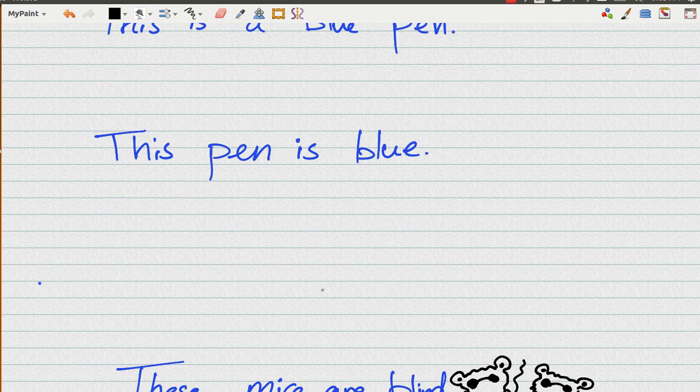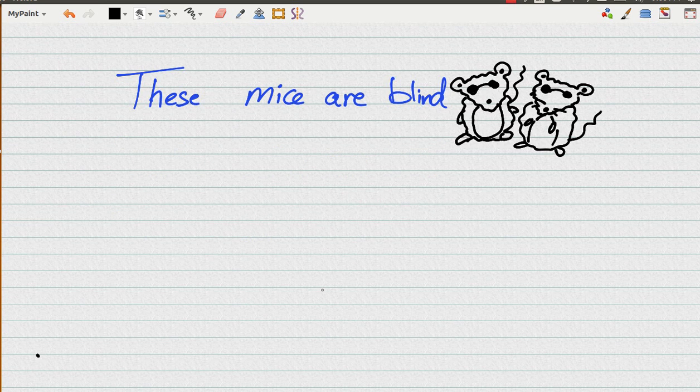Okay, moving on. These mice are blind. These mice are blind. Well, if I'm going to translate this, first I have to know something. In English, these mice could refer to two or more. But in Arabic, we have to distinguish, are they two mice or are they more than two?